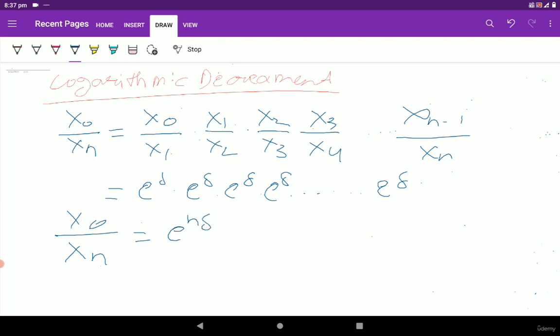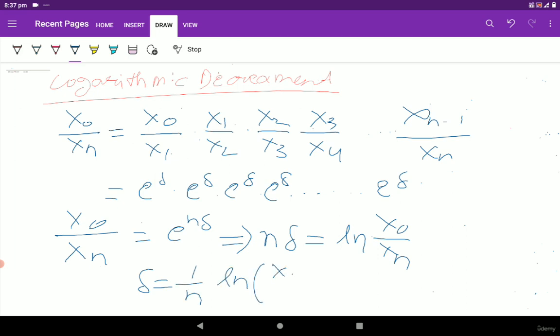Taking log on both sides and simplifying, we get n del is equal to log of x naught by xn. So del is equal to 1 by n log of x naught by xn. Now let's establish the relationship between del and the damping factor.